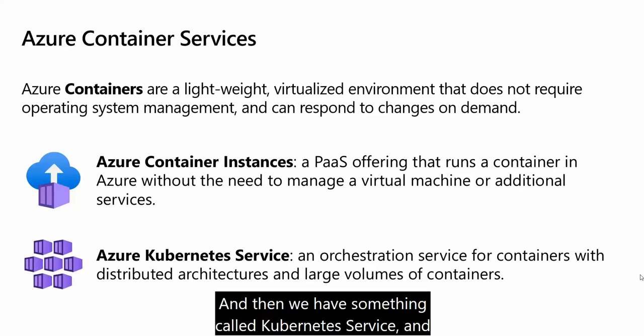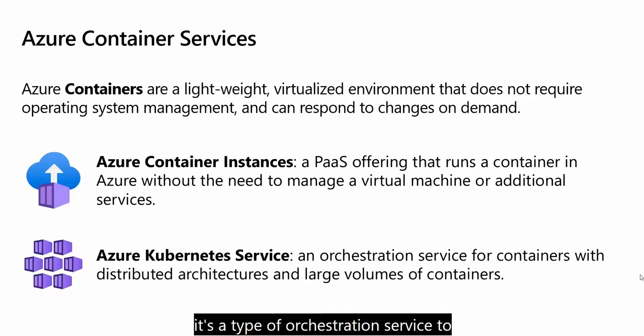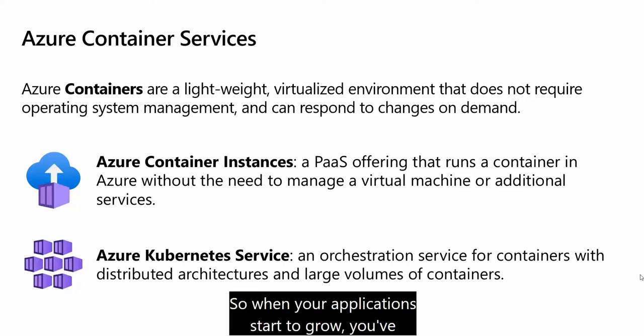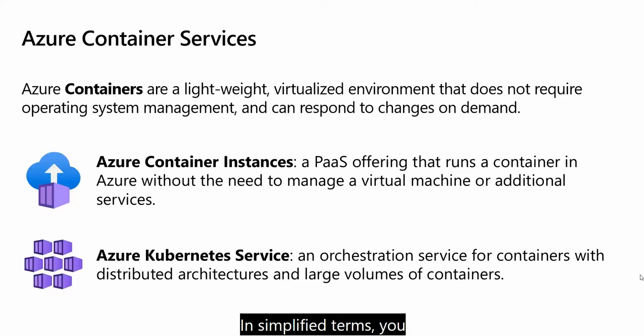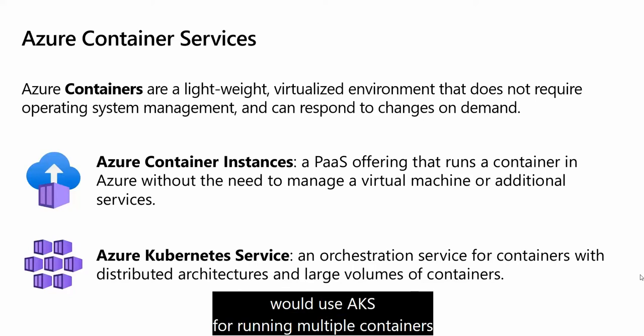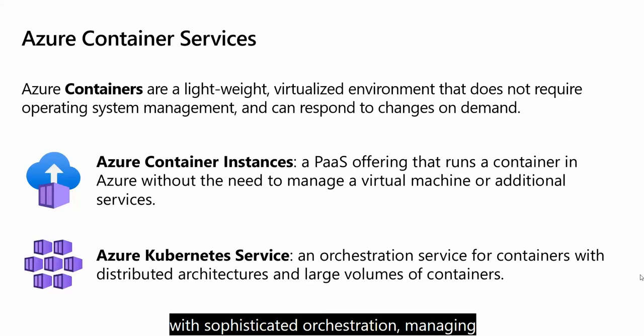And then we have something called Kubernetes service, which is a type of orchestration service to manage these containers. So when your applications start to grow, you've got multiple containers across multiple servers, and operating them becomes a more complex issue. That's when you're going to use Kubernetes service. In simplified terms, you would use AKS for running multiple containers with sophisticated orchestration, managing rolling upgrades, automatic scheduling, and automatic scaling.